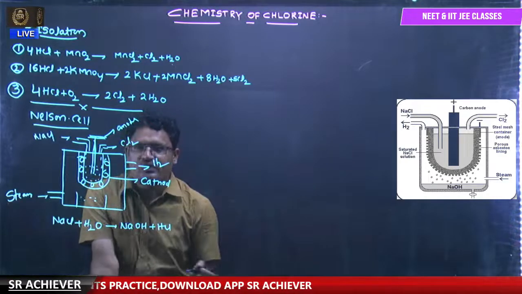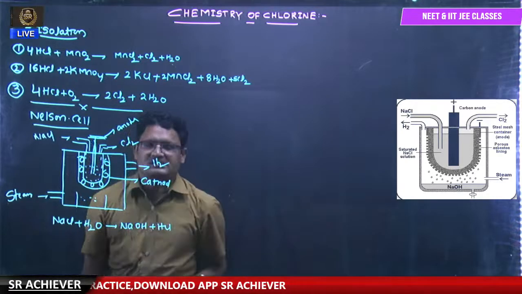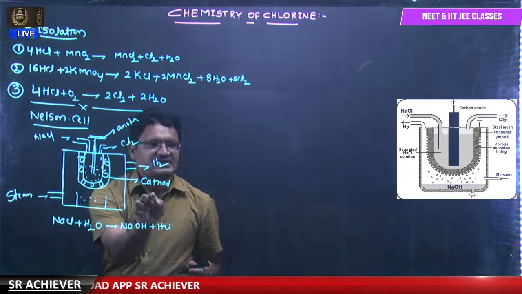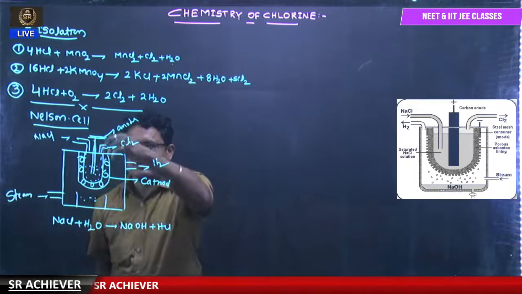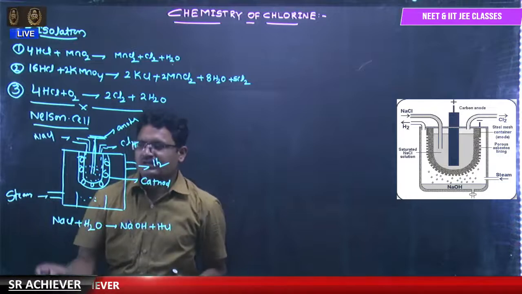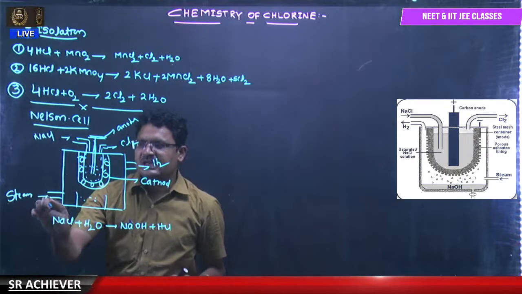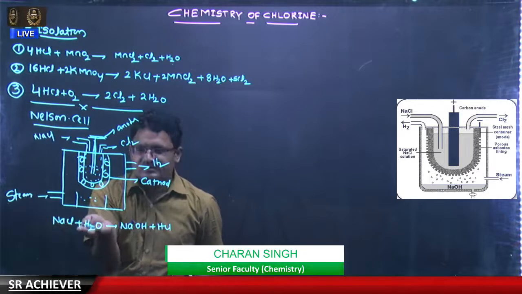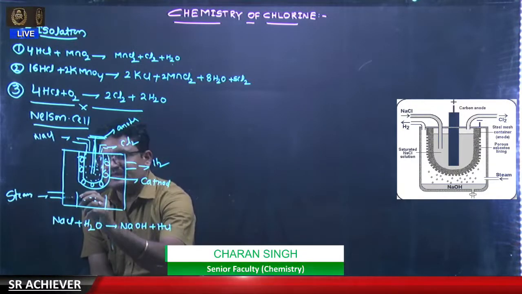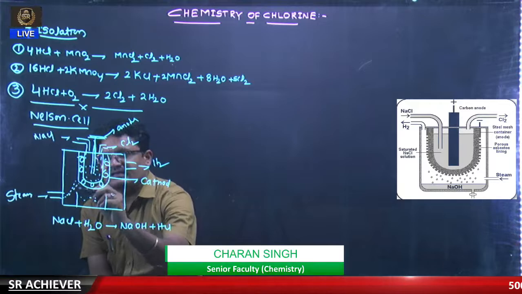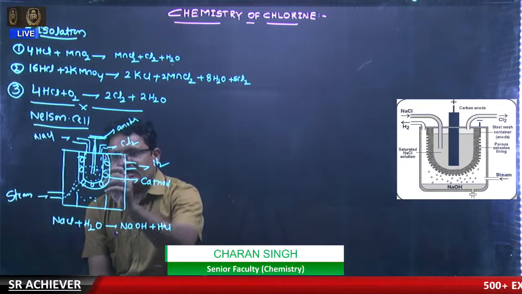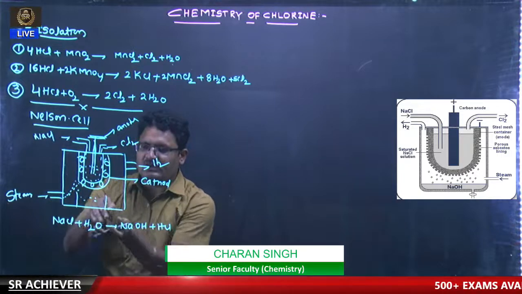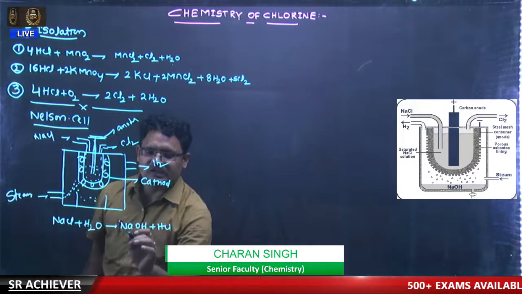This is the Nelson cell process for the preparation of chlorine. The U-shaped tube acts as the cathode and the graphite rod acts as the anode. When steam is sent in, both steam and NaCl react with each other to give NaOH.